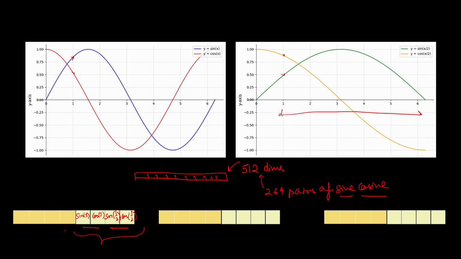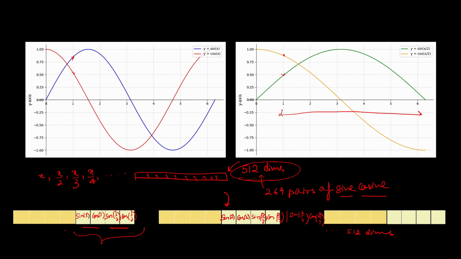Every pair will have a reduced frequency. Like the first pair will have frequency x, the second pair can have frequency x by 2, the third pair can have frequency x by 3, x by 4, etc. So this position 2 can be encoded by taking sine of 2, cos of 2, sine of 2 by 2, cos of 2 by 2, sine of 2 by 3, cos of 2 by 3, and so on till I get a 512 dimensional positional encoding.